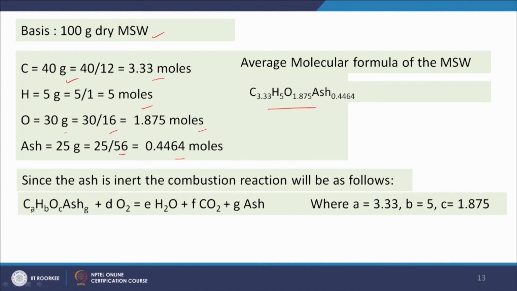In this case A we have got the value 3.33, B is 5 and C is 1.875 and G is 0.4464. So, this is given. So, we have to calculate the value of D.